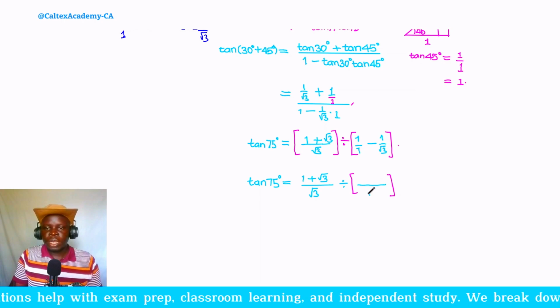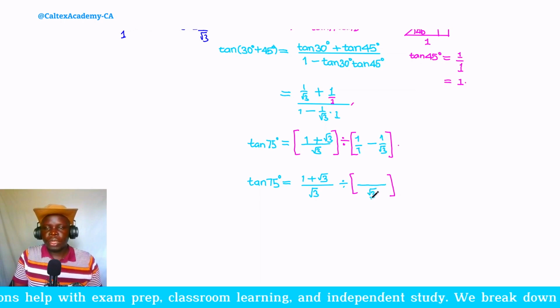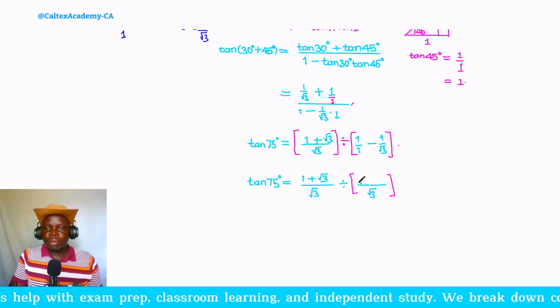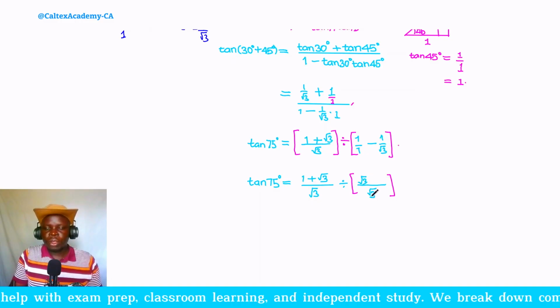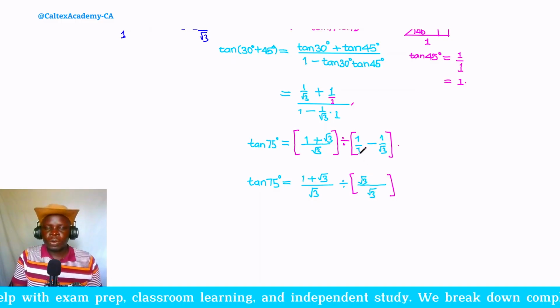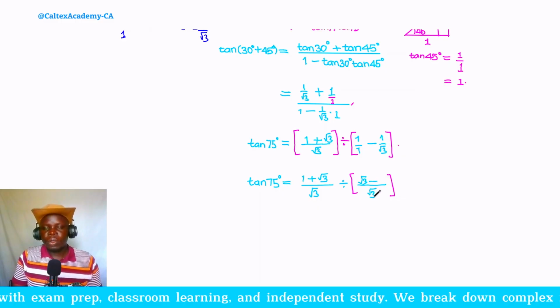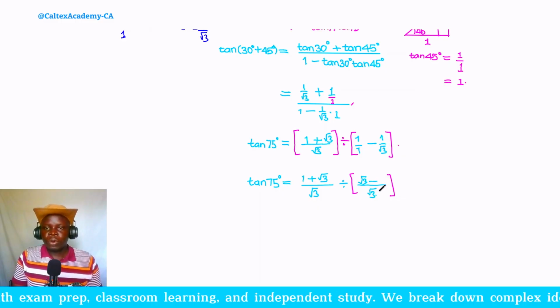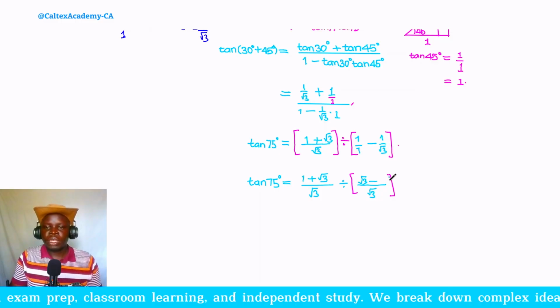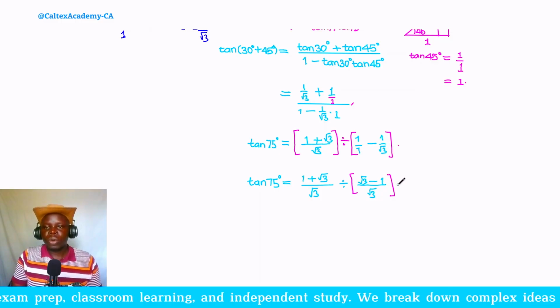So you can put it under a common denominator of root 3. So this number becomes root 3, because root 3 divided by 1 is root 3 times 1 is also the same thing. And the sign in the middle is negative. So root 3 divided by root 3 is 1, and 1 times 1 is also 1.